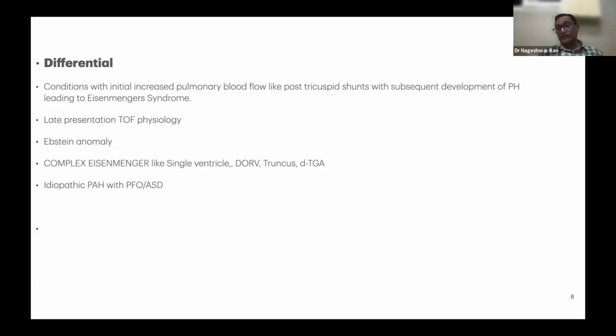Ma'am, can you please comment? I was just surprised because only one answer has been asked. So if you have to choose one answer, it has to be TGA. I know there are other causes of cyanosis at birth, and Madam Jyotsna has already enumerated some of them.